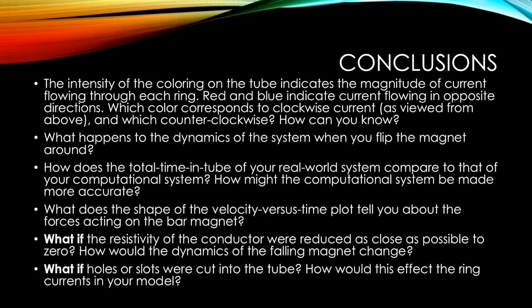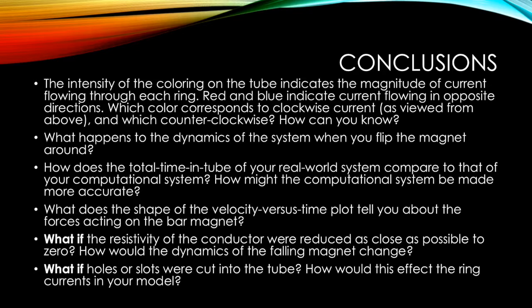I found that when I decreased that to 0.81, then my time in tube was equal to that of my real life system. I also found that the shape of the velocity versus time plot, because it's so consistent, as seen in my previous slide, tells me that I can assume that the net force is equal to 0.